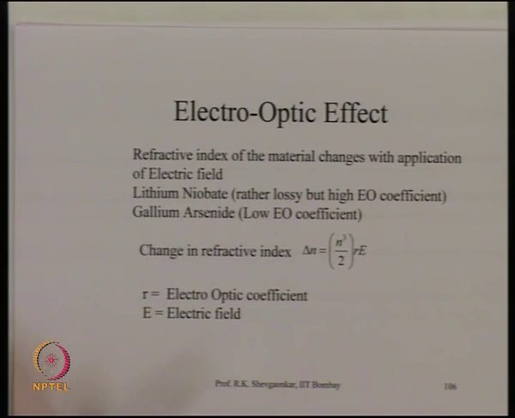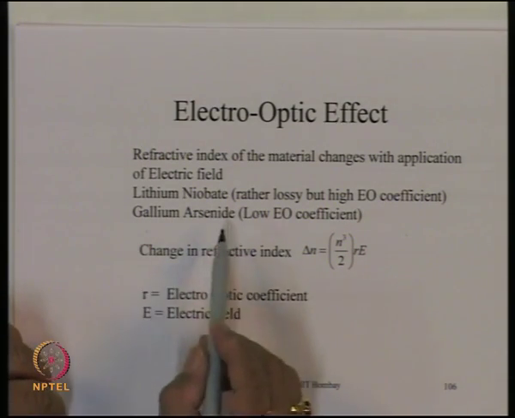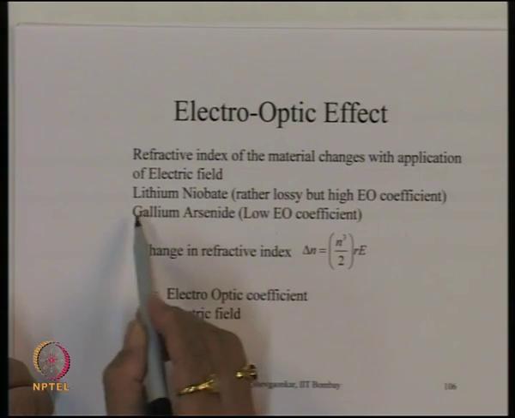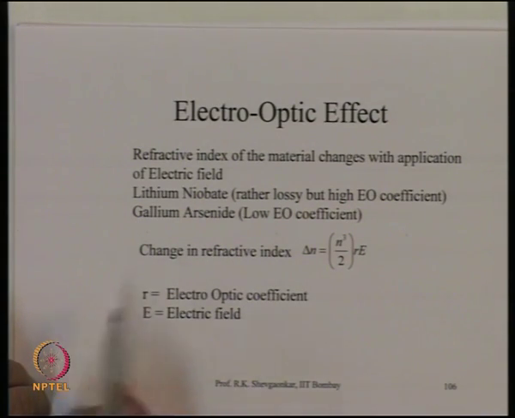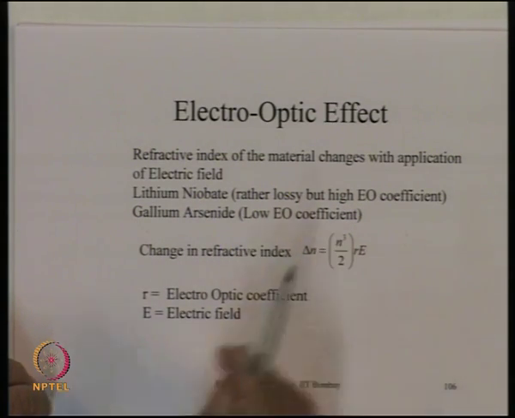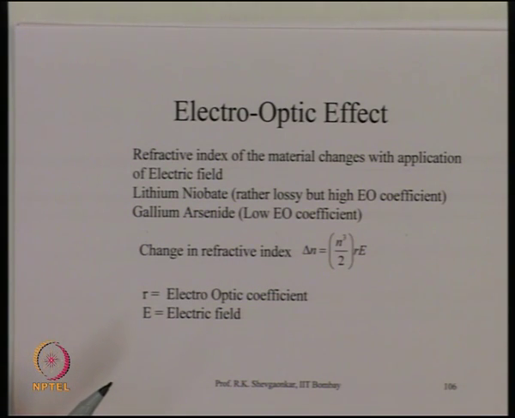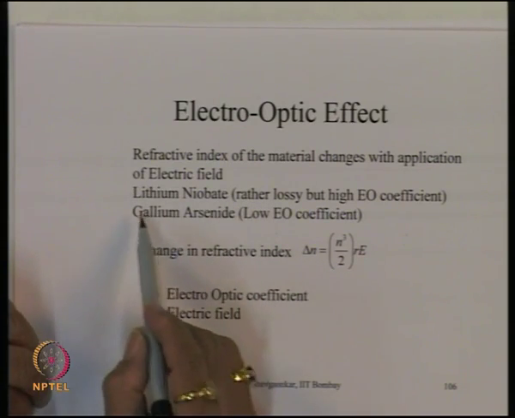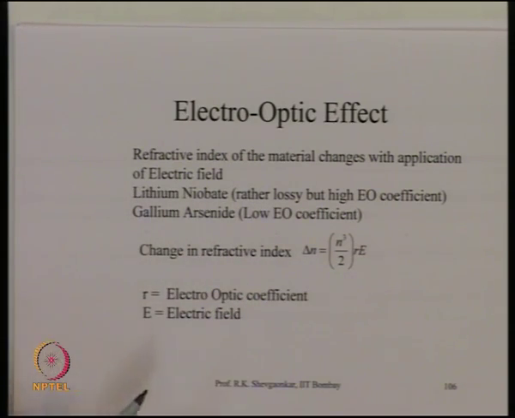Gallium arsenide requires relatively high electric fields to realize the same change in dielectric constant. This material has less loss, but it also has a low electro-optic coefficient. So, we will talk about devices based on lithium niobate.